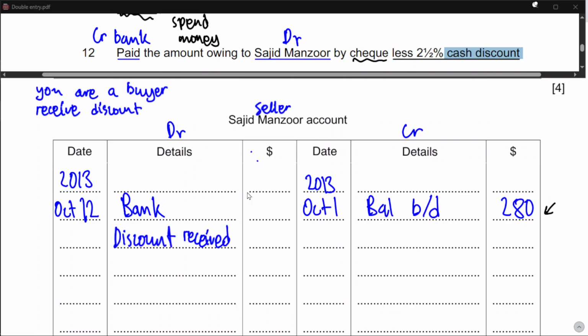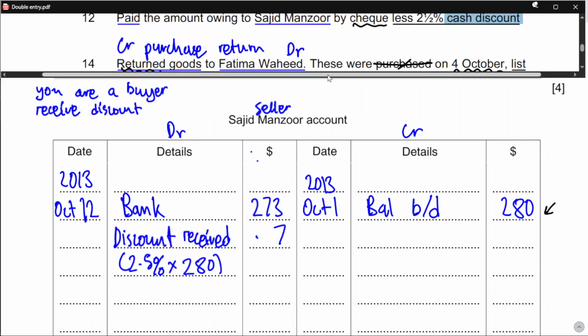This one is 2.5% times this amount. So this one is 7. So 280 minus 7, you get 273. Now let's go to the next line.